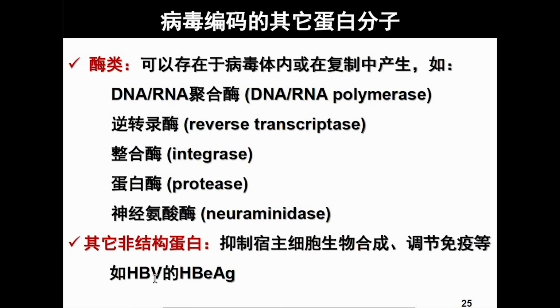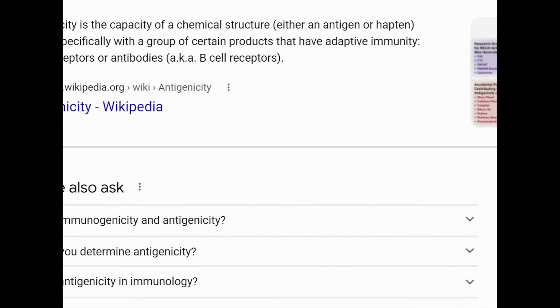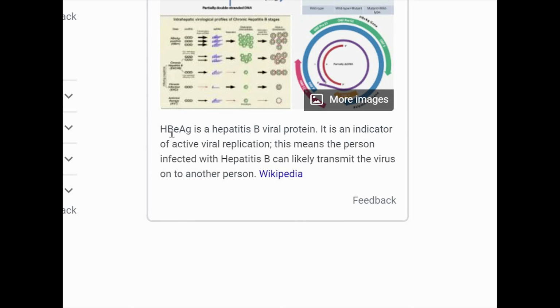For example, for the HBV virus, the non-structural protein is HBeAg. HBeAg is a hepatitis B viral protein. It means a person infected with hepatitis B can likely transmit the virus to another person.